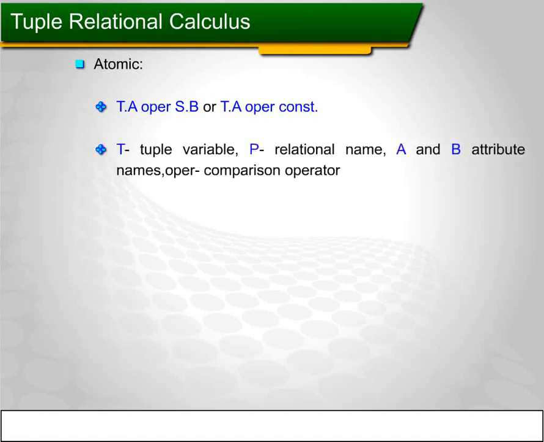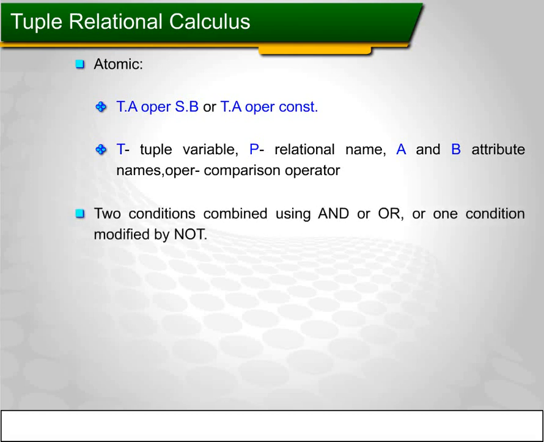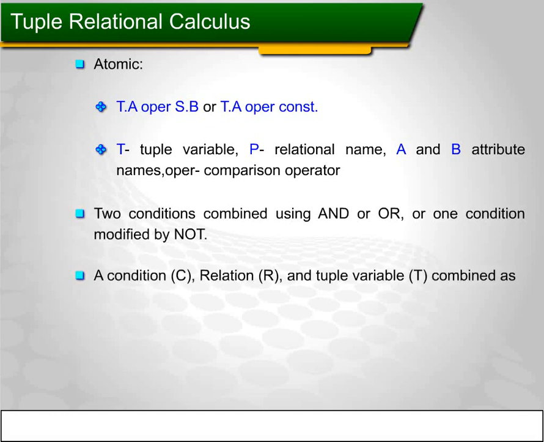T is a tuple variable, R a relation name, A and B attribute names, and op a comparison operator. Two conditions can be combined using and or or, or one condition modified by not. A condition C, relation R and tuple variable T are combined as there exists T in R of C, or for all T in R of C.